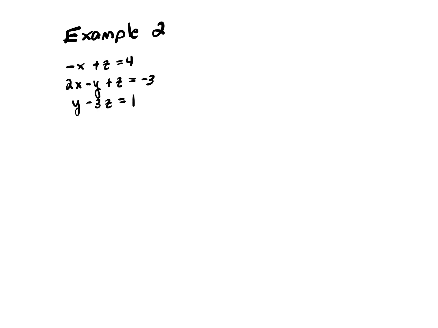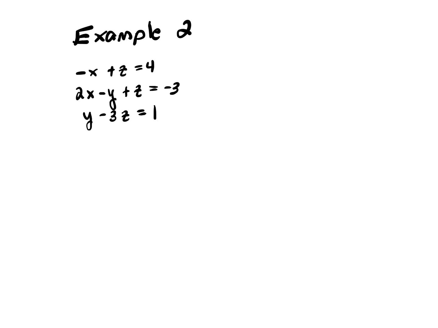So if we write our first matrix, let's do D, we're going to have negative 1, 0, 1, 2, negative 1, 1, and 0, 1, negative 3.